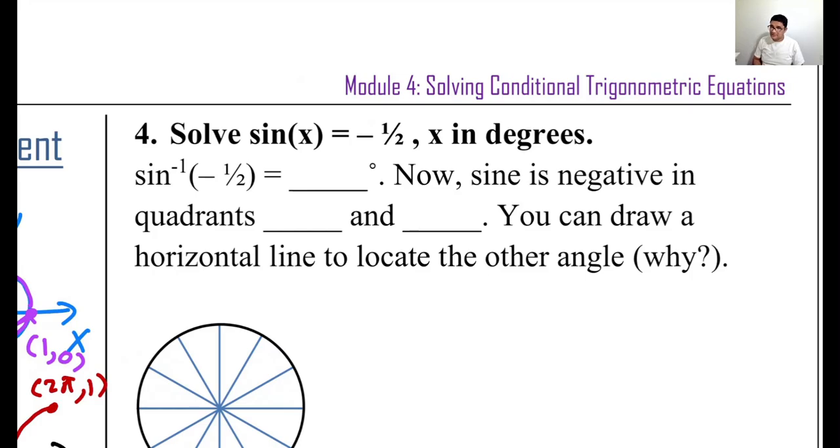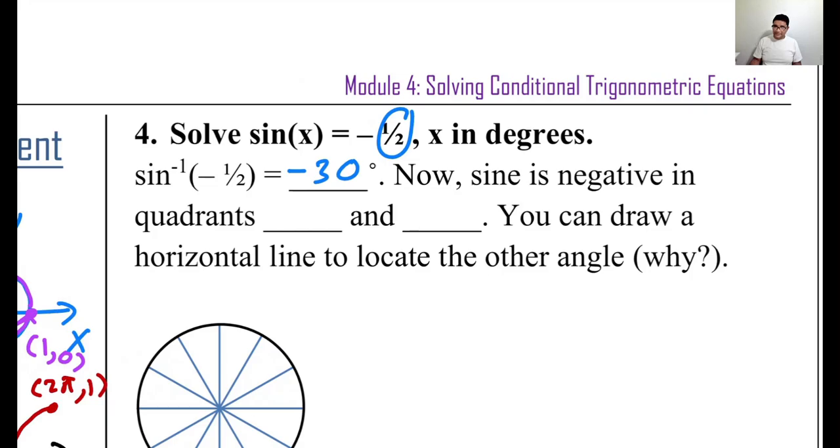Second quadrant also sine is positive. Sine is negative in the third and fourth quadrant, where the y coordinate is negative, right? So the simplest way to answer this would be, when is sine equal to half? That is at 30 degrees, but we are looking at minus half, right?